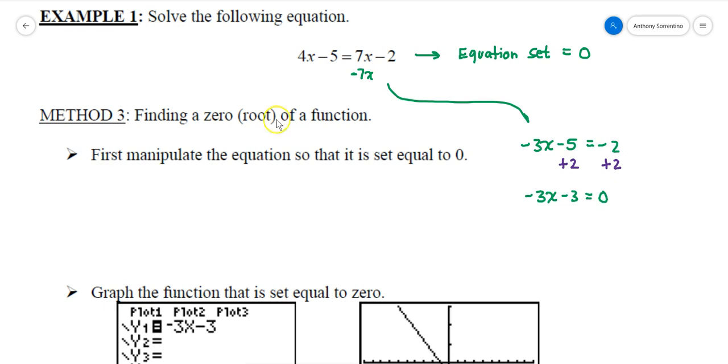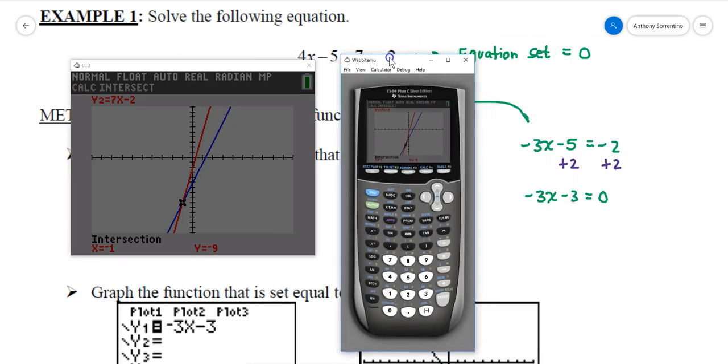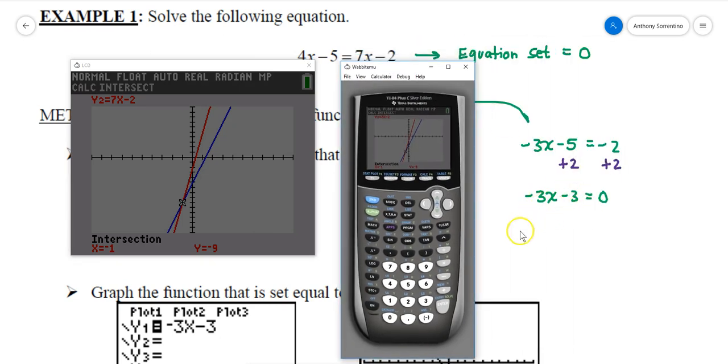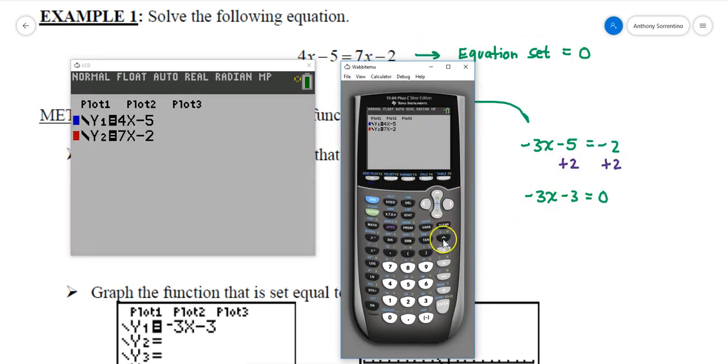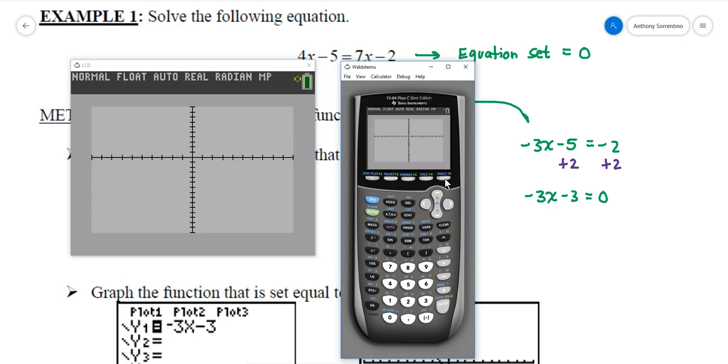Well, how I would get that on my calculator at this point is that I would just enter this expression in. So let me clear these out. I'm going to put in negative 3x minus 3, and I'm going to graph that.